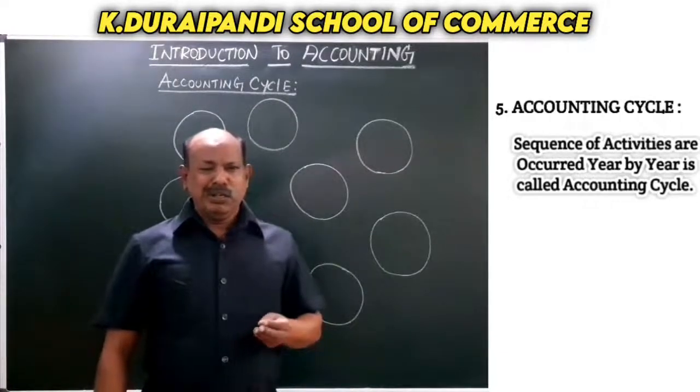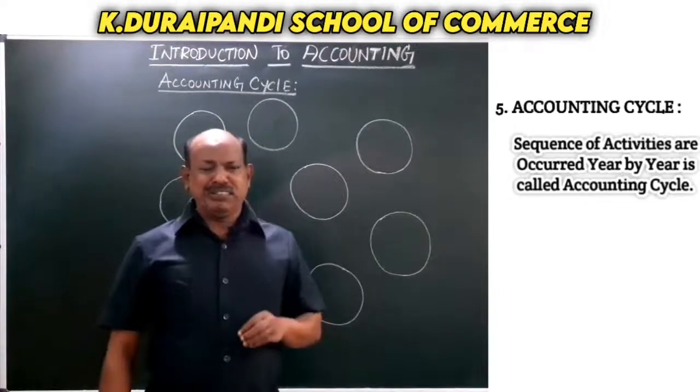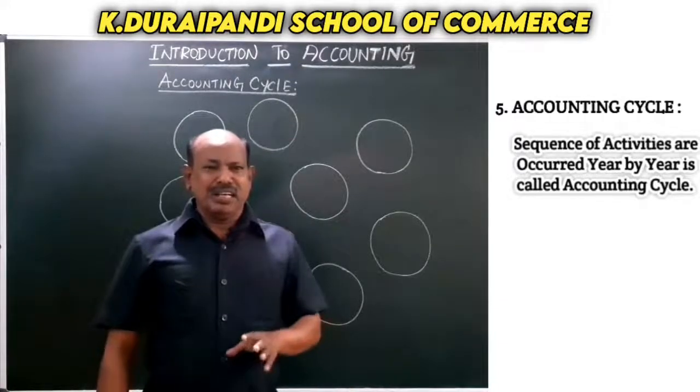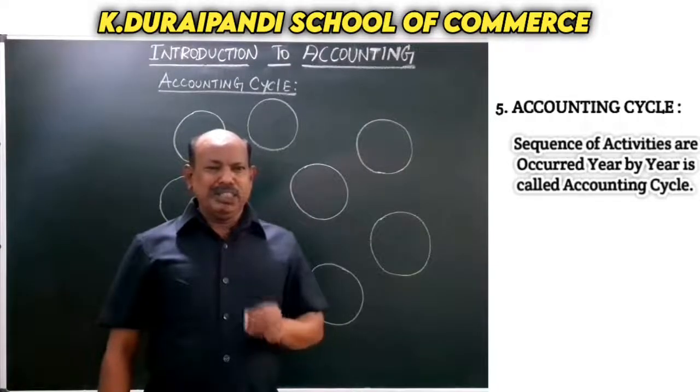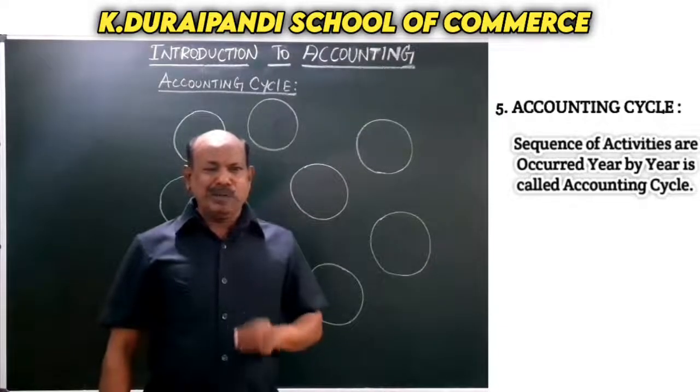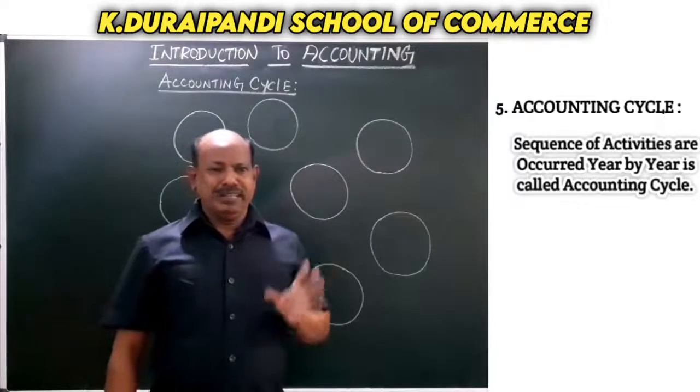Rotating the events or activities year by year is called the accounting cycle. That is, a sequence of events or activities repeated year by year is called the accounting cycle.